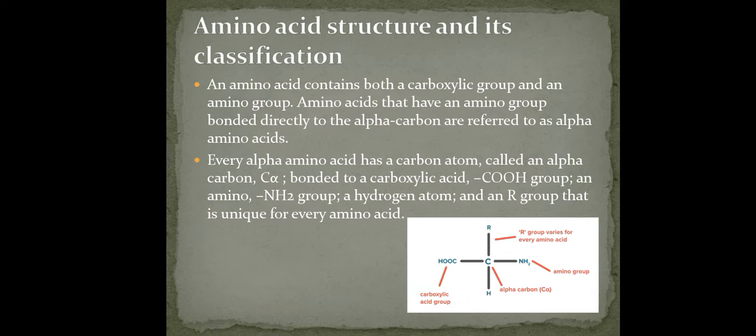So this is C alpha, bonded to a carboxylic acid COOH group, and an amino group NH2, a hydrogen atom, and an R group that is unique for every amino acid.